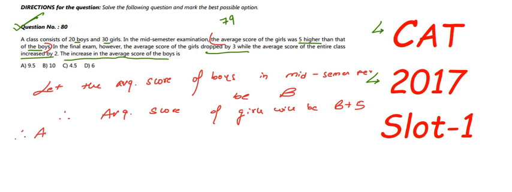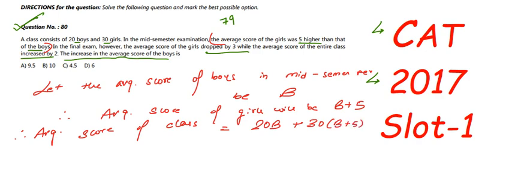Therefore the average score of the whole class will be equal to: we have 20 boys, so 20 into B, we have 30 girls, so 30 into B plus 5, divided by the total of 50 students. Solving this we get 20B plus 30B plus 150 divided by 50.